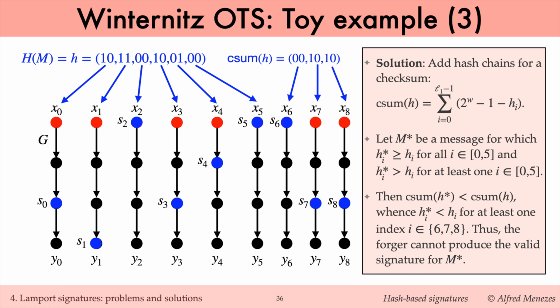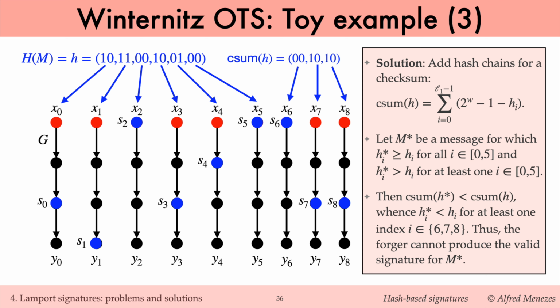But then the checksum of H star is strictly less than the checksum of H. Hence, at least one of the 2-bit blocks of the checksum of H star is strictly less than the corresponding 2-bit block of the checksum of H. Consequently, because the forger cannot move up a hash chain, they will be unable to compute the signature component for this checksum block.